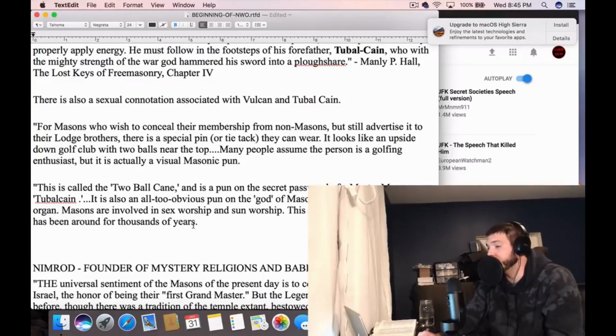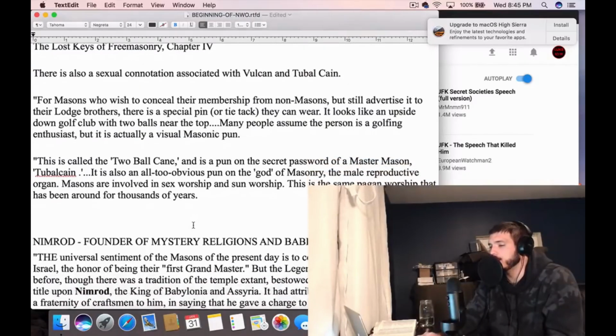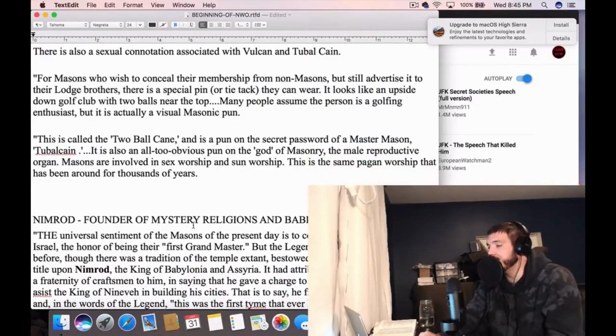Many people assume the person is a golfing enthusiast, but it is actually a visual Masonic pun. This is called the Tubal-cain and is a pun on the secret password of a master Mason. It is an all too obvious pun on the god of Masonry, lowercase g. The male reproductive organ. It's a phallic symbol.